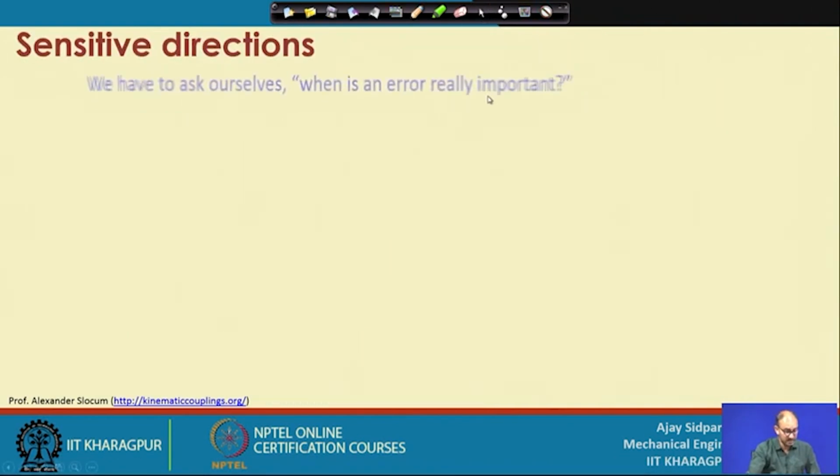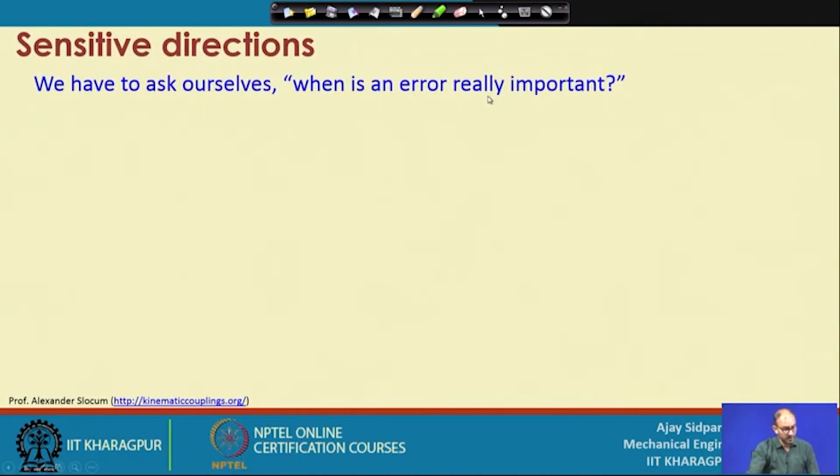Now, sensitive directions. This is also important, because we have seen that we have to reduce these errors and we have to again look into the monetary aspect, that time and cost are also very important, how much you are spending and how much you are gaining out of it. But before you go to that aspect, first you have to find what the errors are and whether that error is really important to remove or not.